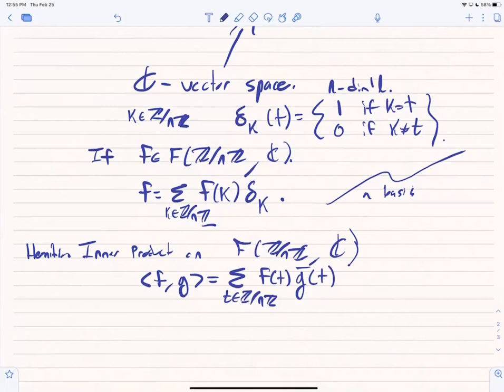So delta k are an orthonormal basis for this Hermitian inner product. And this is just, again, straight from the definition. Just write this out.